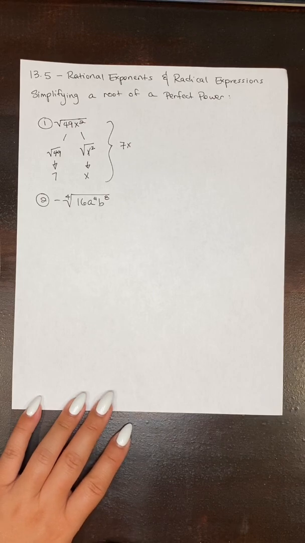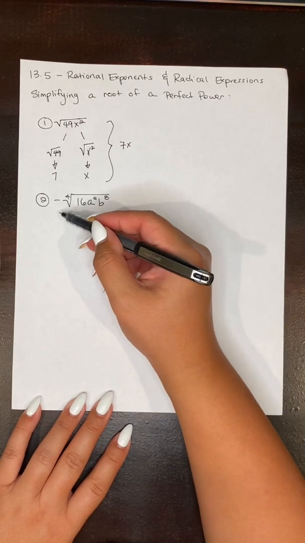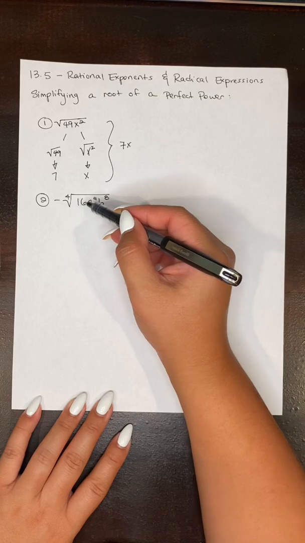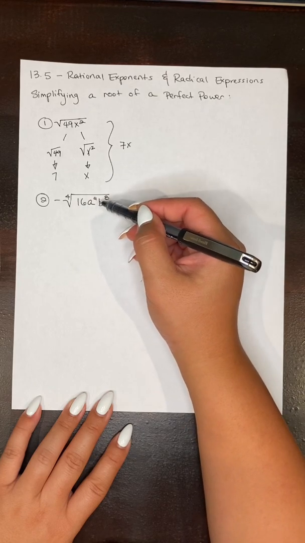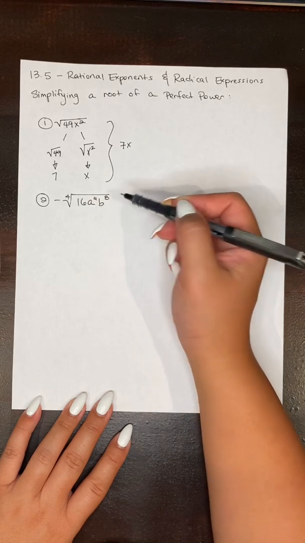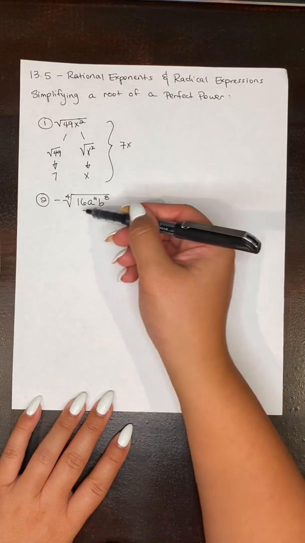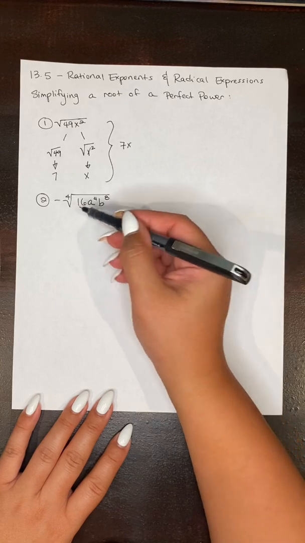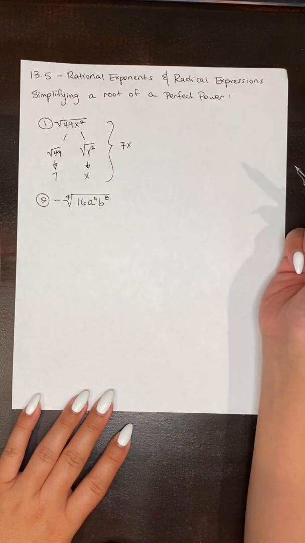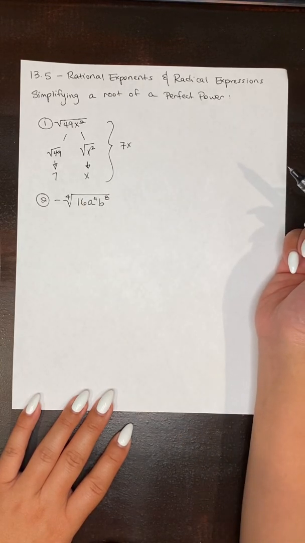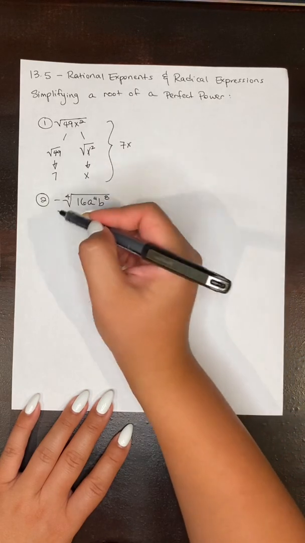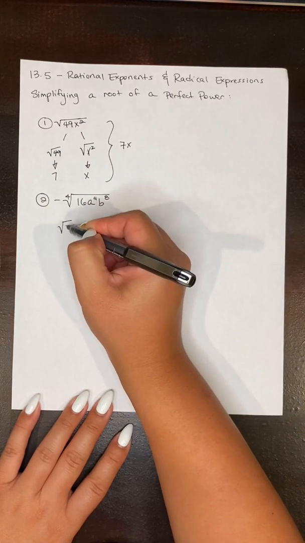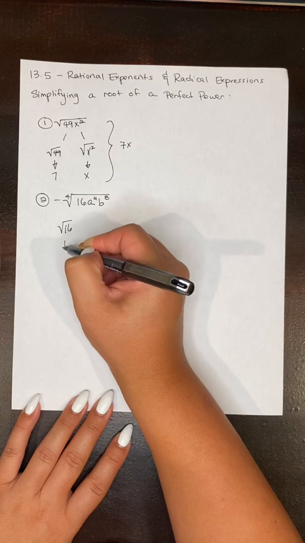In our second example, we have negative fourth root of 16a to the fourth power, b to the eighth power. All terms here are divisible perfectly by the root, which is 4. If we apply the fourth root to each of them, the fourth root of 16 is 2.